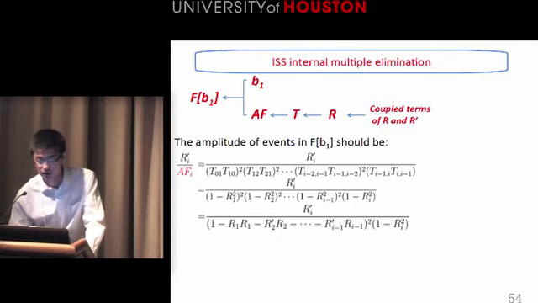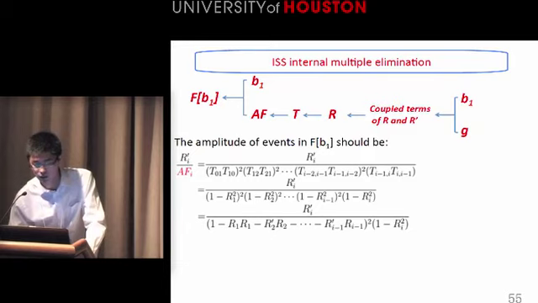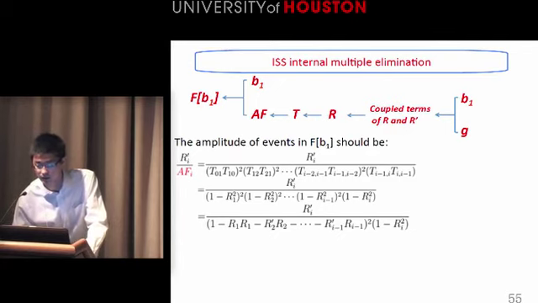We arrange all the attenuation factors into a coupled term of the real reflection coefficient R and R prime, the amplitude of the primaries in the data. Then we introduce an intermediate function, intermediate traces G. G is an ideal trace, and in those traces the amplitude of the primaries is directly related to the reflection coefficient.